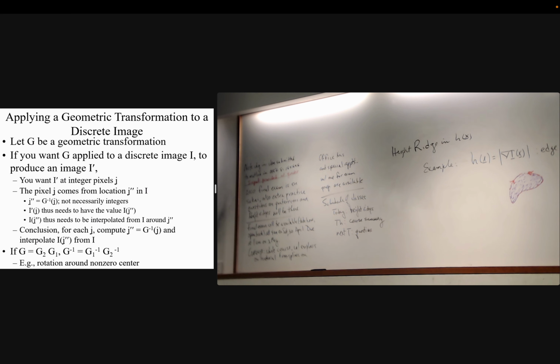That would be a G1 followed by a G2 followed by a G3, and then you'd need to apply G3 inverse, then G2 inverse, then G1 inverse to get the final result. Is that clear?